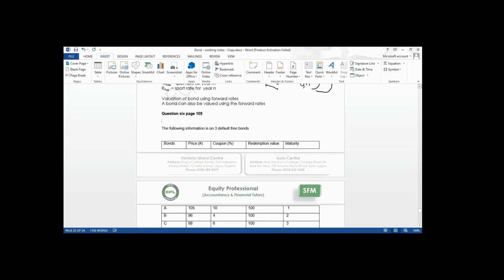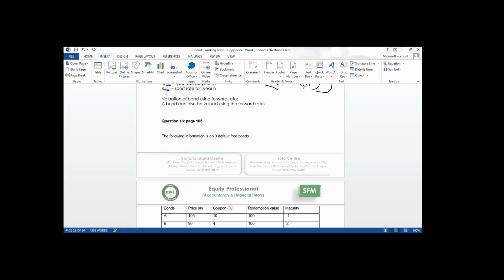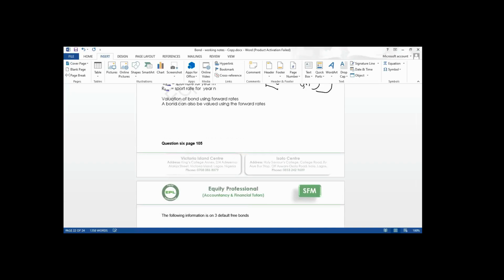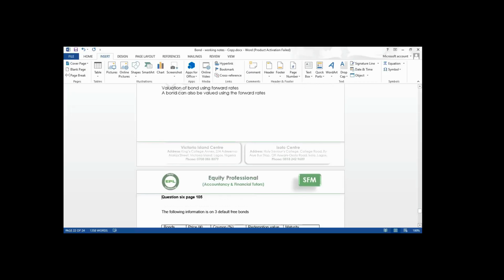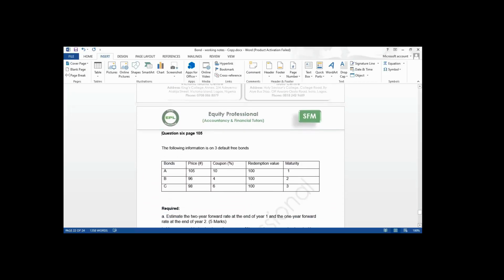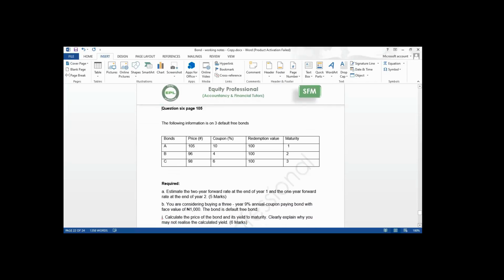First, what is a default free bond? Please note, a default free bond is a bond that will not default. That is a government bond.